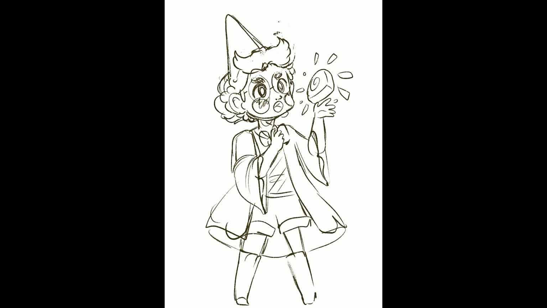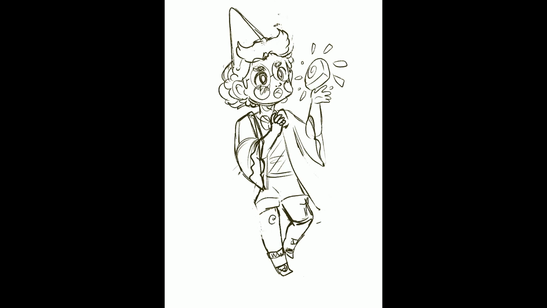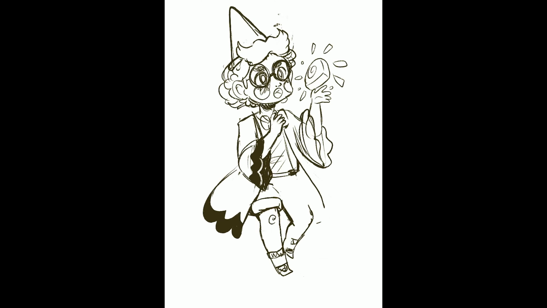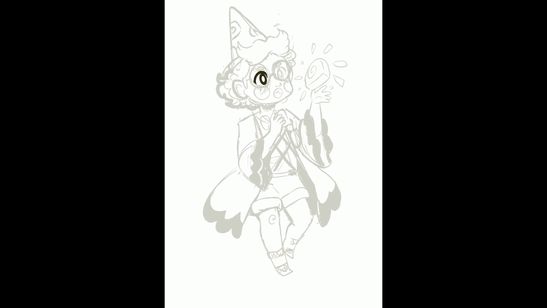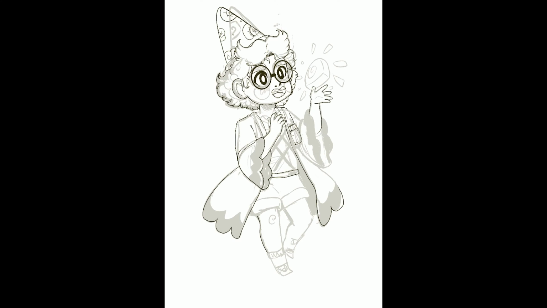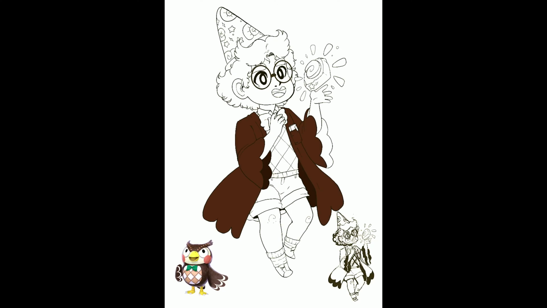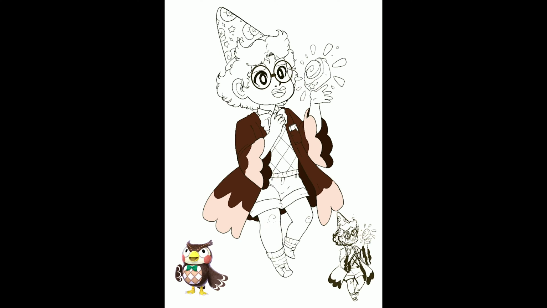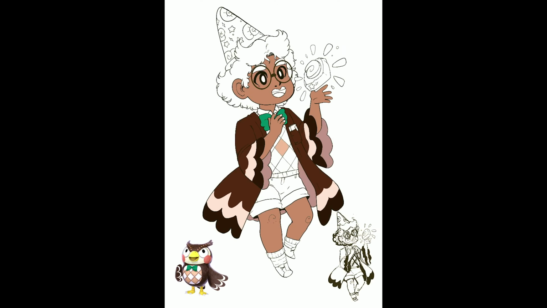I decided that he was going to be a wizard, and the reason for this is because he is a very studious person, and he enjoys learning and really enjoys researching things, and wizards tend to be a scholarly magic user, a person who's capable of manipulating the structures of reality. So I kind of like this idea of work, considering he works in a museum. He always tells you about everything that's in the museum.